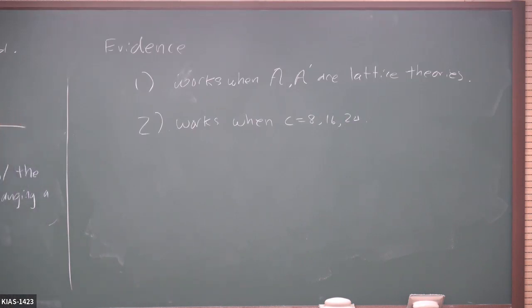And in the c equals 16 sequence, for the F4 level 1 model, is there one theory or two theories? Good. I think one theory. It's just E8 times G2. Why?